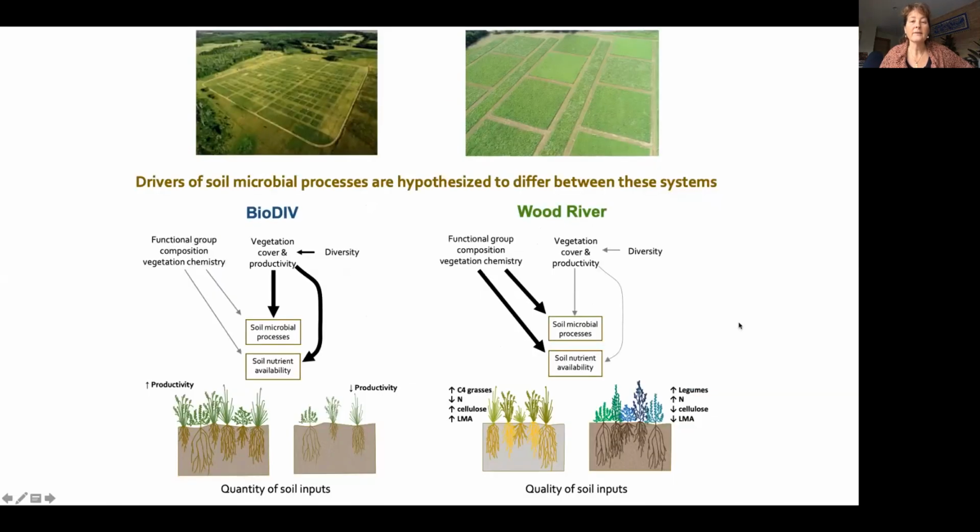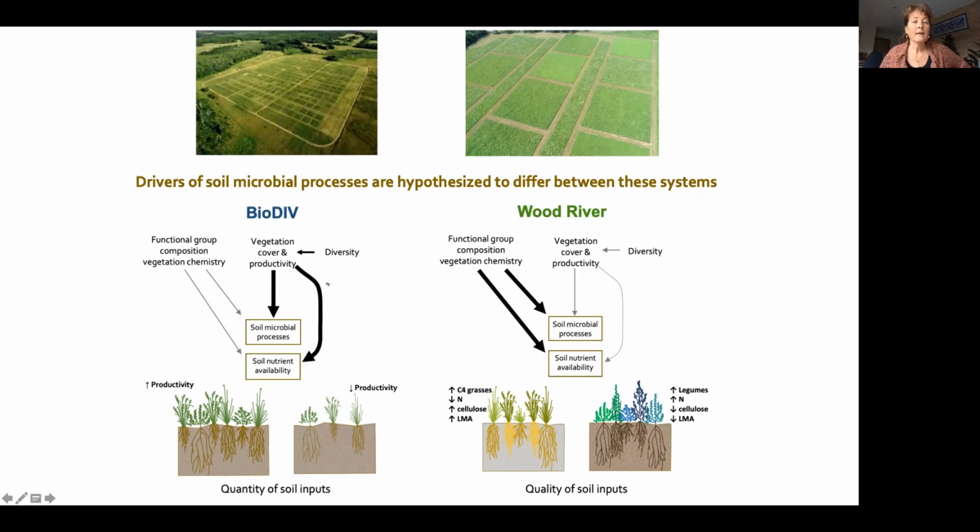So going back to these two experiments, we had the idea that there would be different limiting factors in each system, and so different drivers of soil microbial processes and soil nutrient availability below ground.